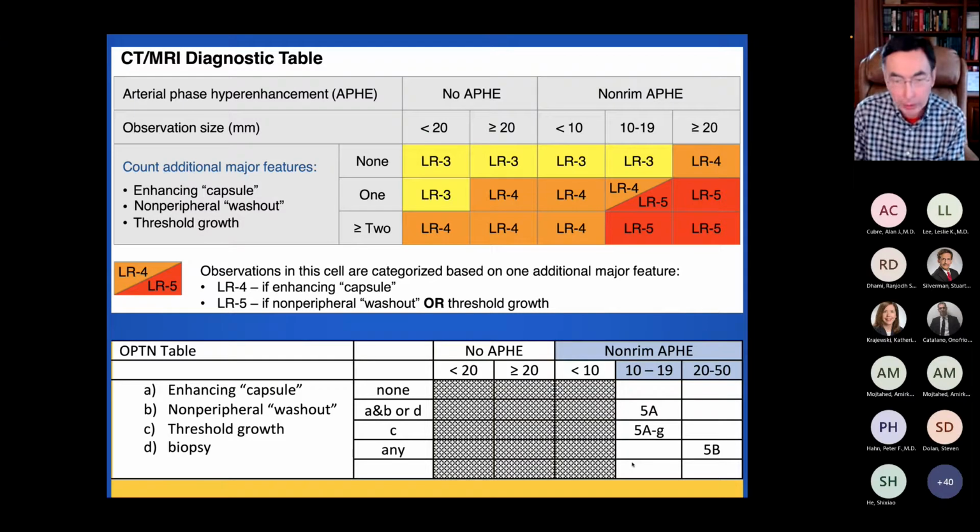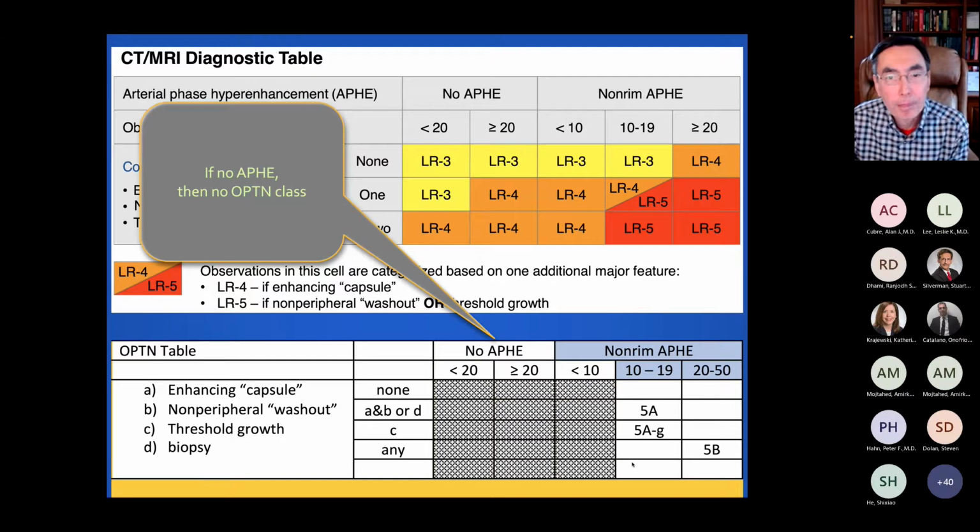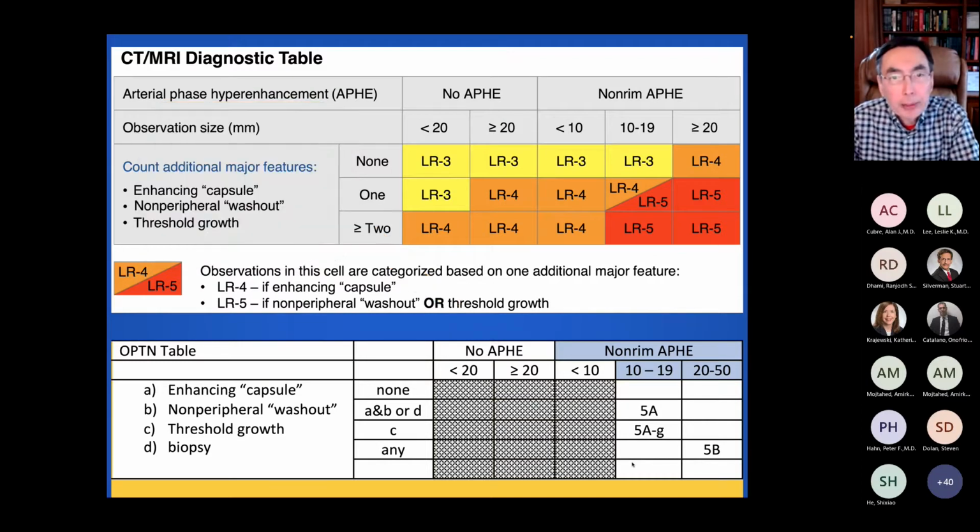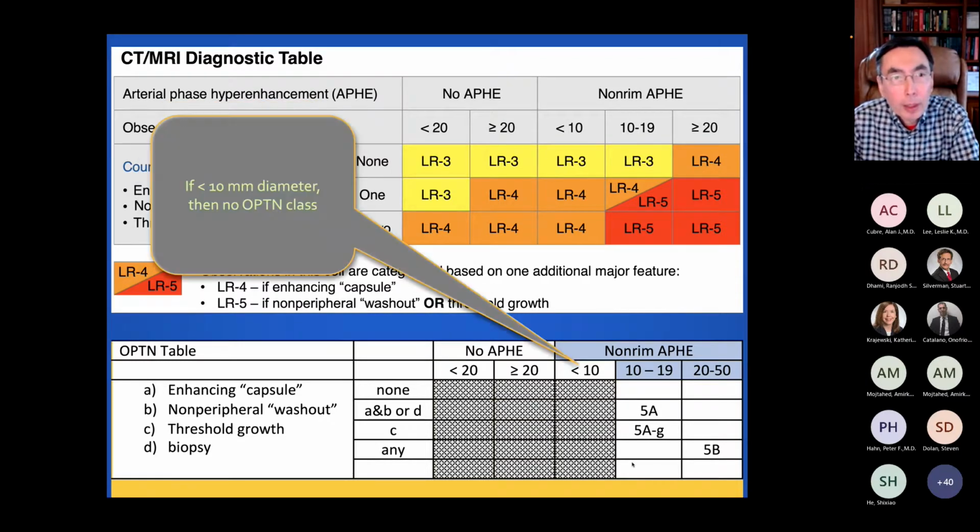And so if you look at this table, the first thing you'll notice is that if you have no arterial phase hyperenhancement, then there is no OPTN score or class, whereas we can give a LI-RADS 3 or 4 in these patients. And then similarly, if an observation is less than 10 millimeters in diameter, then we do not assign an OPTN class, whereas we might give it a LI-RADS 3 or 4.